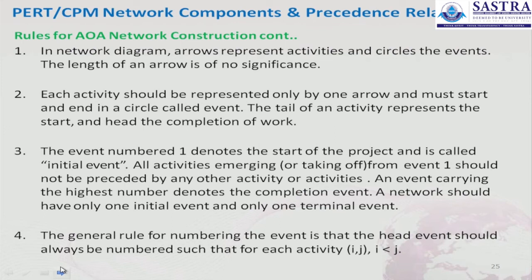A network should have only one initial event and only one terminal event. The general rule for numbering events is that the head event should always be numbered such that for each activity i, j, i is less than j.